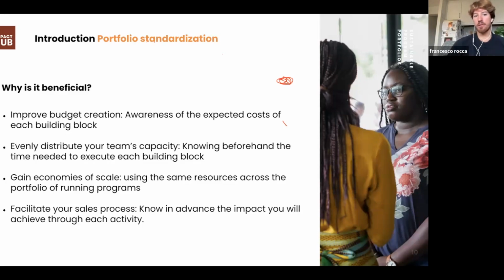Then the third benefit is how you gain economy of scale. The first time you need to run, for example, an online training material, it's going to cost you quite a lot, but it's an investment that makes sense, and becomes an investment, not only a cost, if you can use it again in the future.